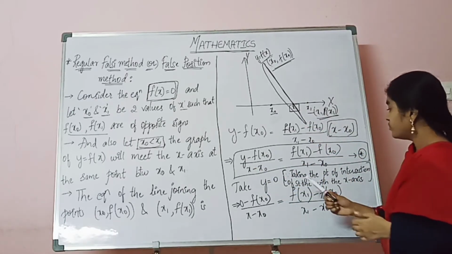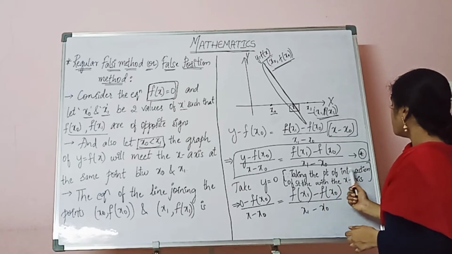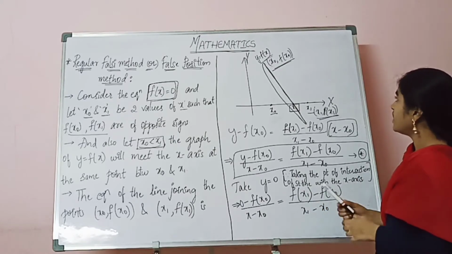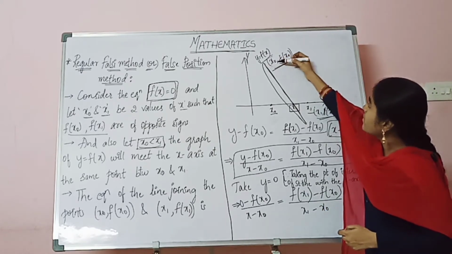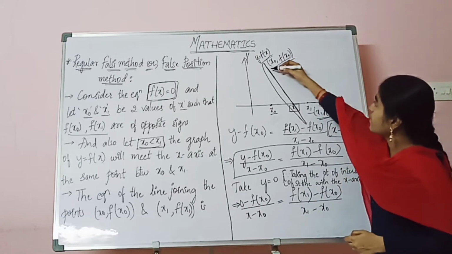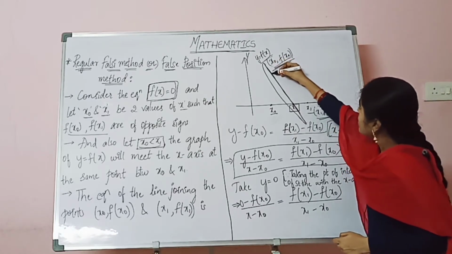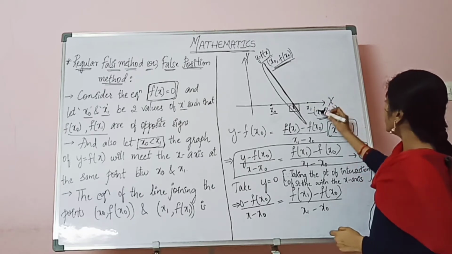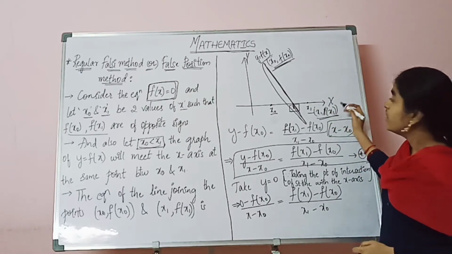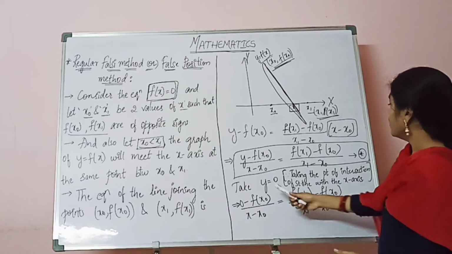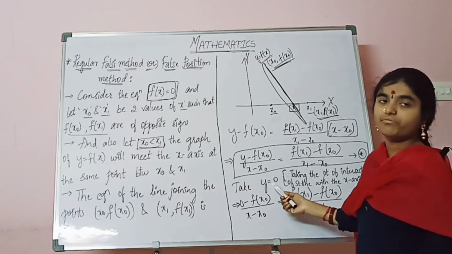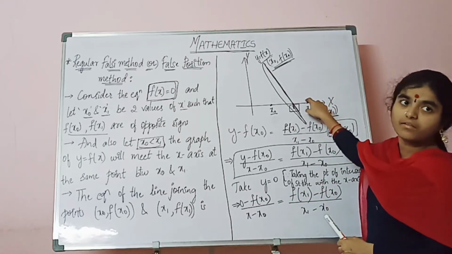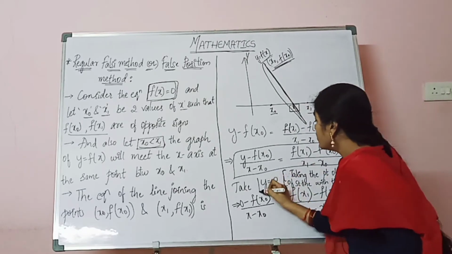Now we take the point of intersection of the straight line with the x-axis. Taking this point on the x-axis, y becomes 0.